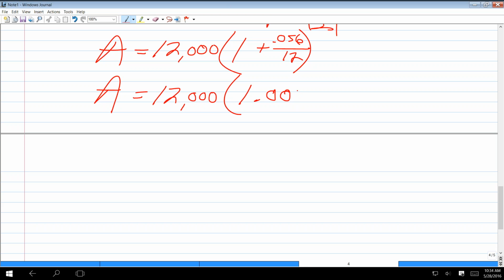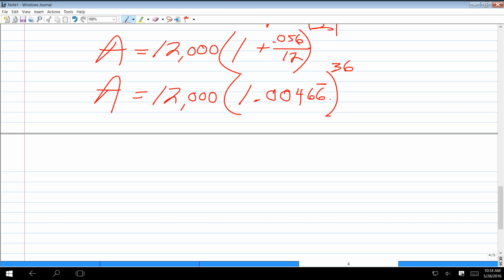It's 1.00466666. All right, now we got it. At least we got all the key ones. Taking it to the 36th power was the reason I wanted as many decimals as possible.